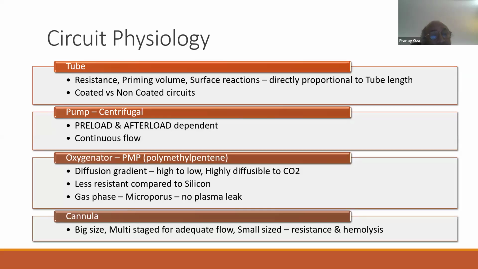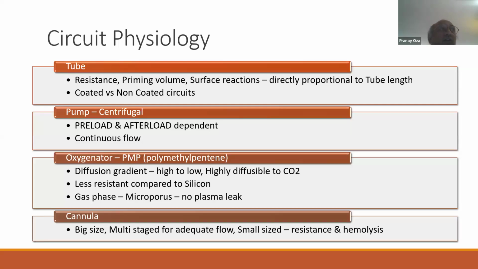Then about the pump: a centrifugal pump is a preload- and afterload-dependent pump, whereas a roller pump is usually not. That is what you have to keep in mind. Whenever there is any change in the preload or afterload, the flow is going to change.